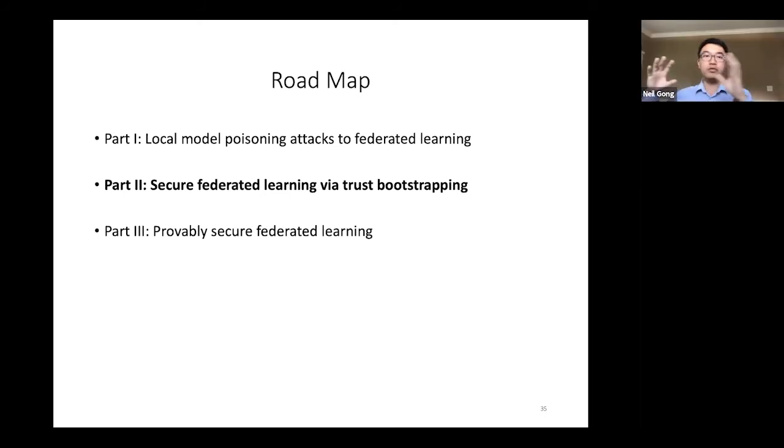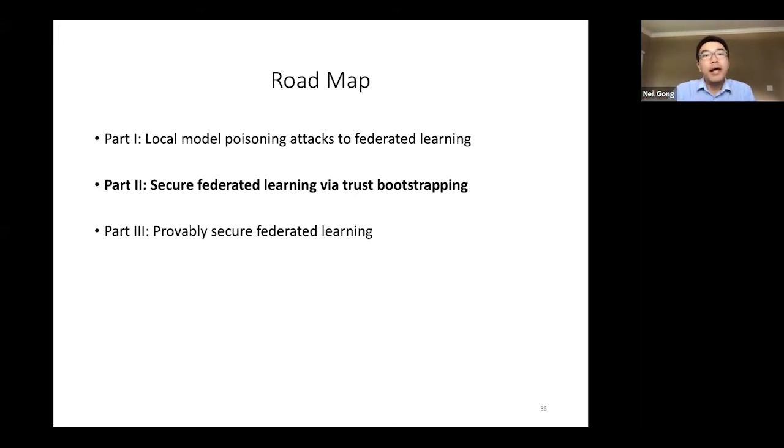Because if we want a specific local model, we have to reverse that local model back to how we would poison the local data to get that specific local model. So to summarize, we can easily transform any data poisoning attack into a local model poisoning attack, but probably not that easily in the other direction.